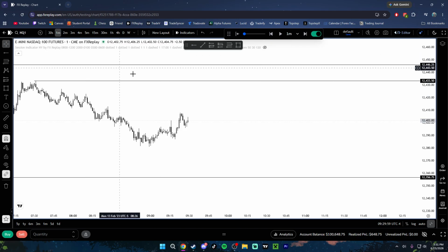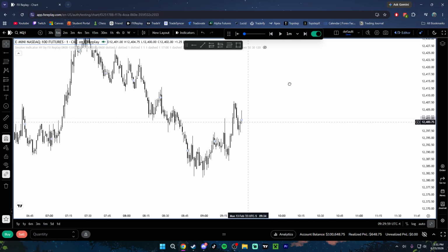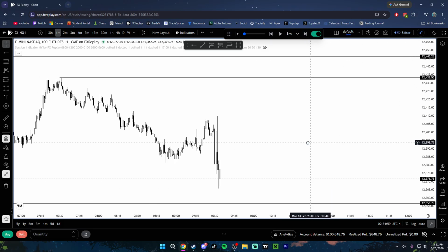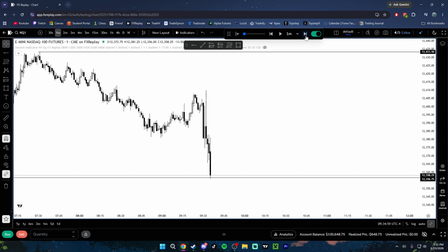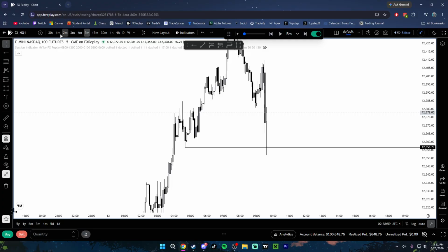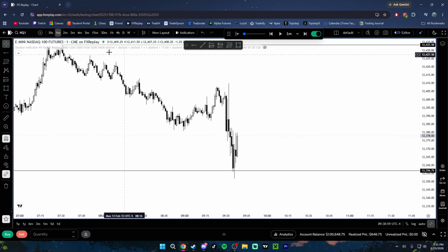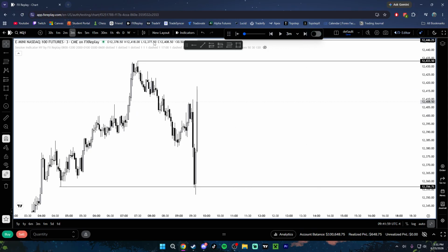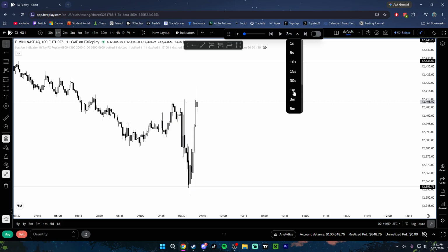Alright. LR above, liquidity below. Let's reject one first. Okay, we set this low right here. See if we get a strong reaction. Okay. Unlucky.